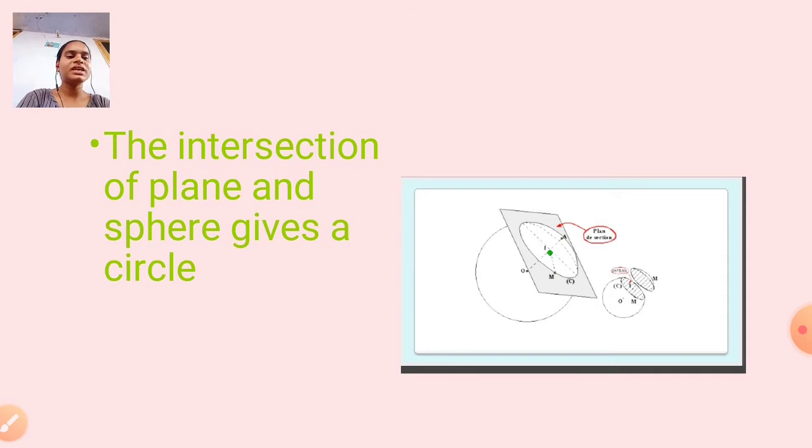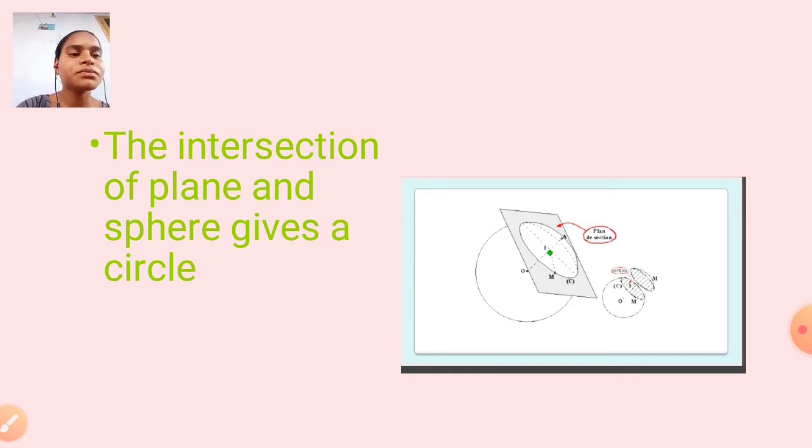Here we observe a diagram of the plane and the sphere with points in common, and we can find that the intersection of the sphere and the plane forms a circle.